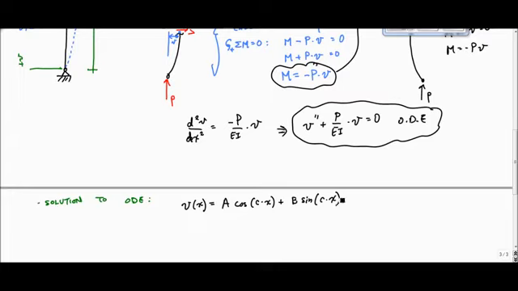That looks familiar, right? And it's equal to 0, so it's a homogeneous one as well, and there's no particular solution. That little c is equal to the square root of P over EI. And how do I solve for these constants?